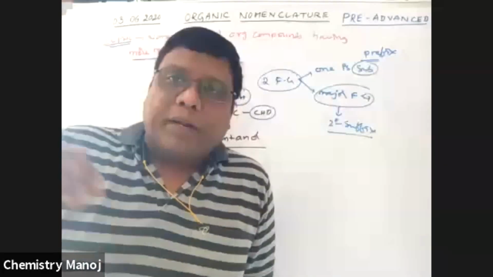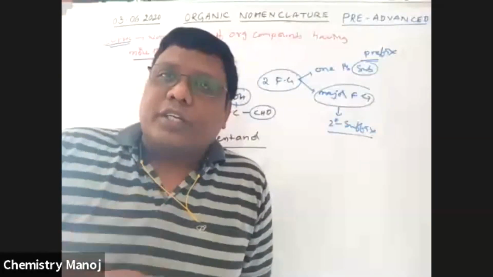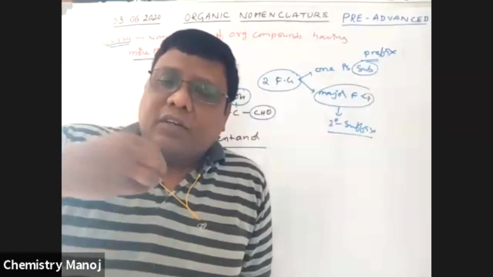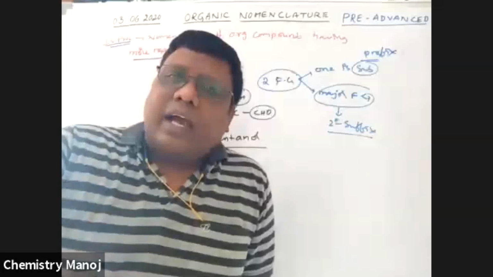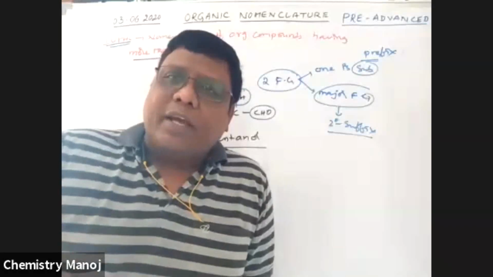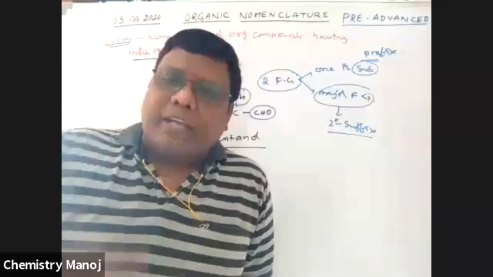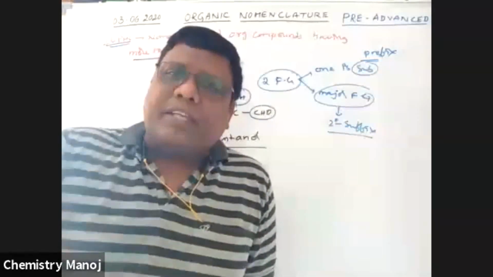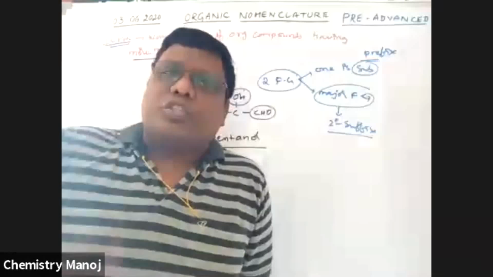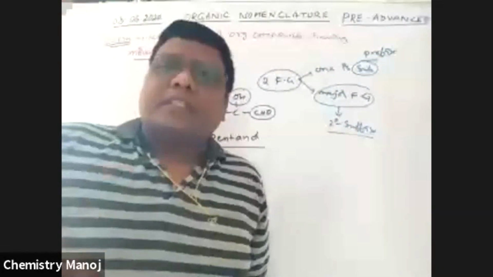But in the presence of principal, I am substituent. That means functional group nature is completely depending on another functional group nature. If there is a major player higher than myself, I am substituent. If there is a lesser player than myself, I am major. So is it clear?